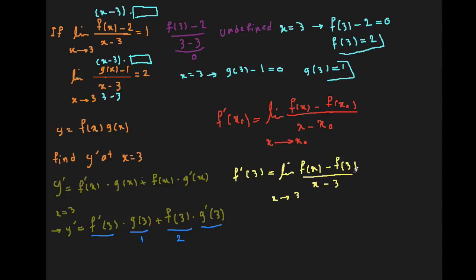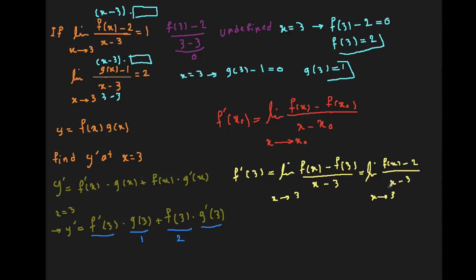So that should be the limit of f of x minus f of 3. We already found f of 3, so this is 2, and this is over x minus 3, as x approaches 3.